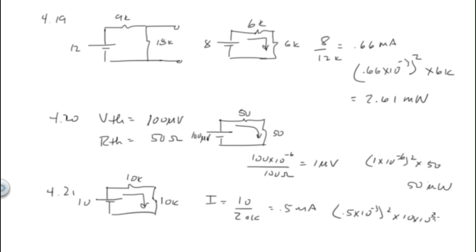Okay, that's 0.5 milliamps squared times 10K. That's 2.5 milliwatts. That's 21. Okay. So in D, now it says, now adjust R Thevenin to 10K.